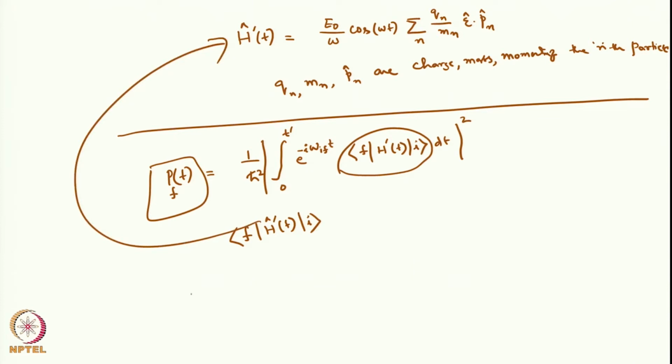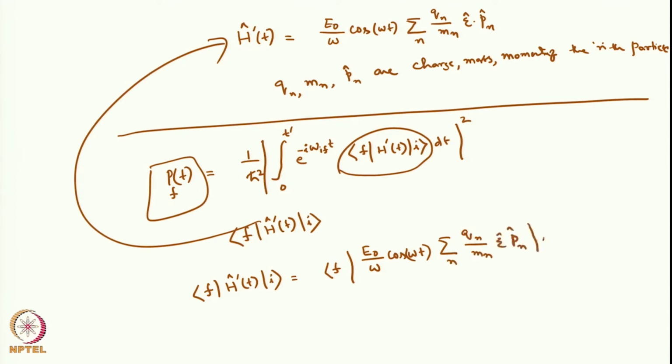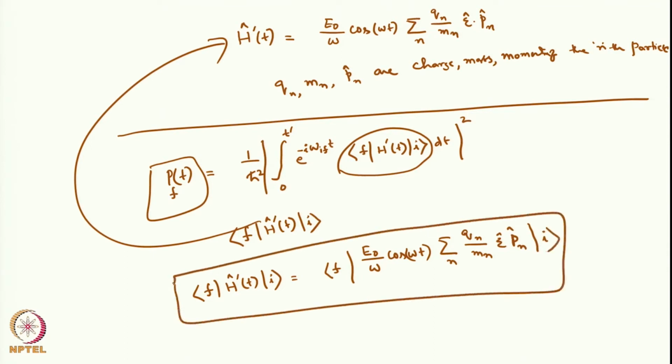So, the integral f H prime of t i is given by f, E naught by omega cos omega t, sum over n of q_n by m_n, epsilon dot p_n, i. So, this is the integral that I need to evaluate.